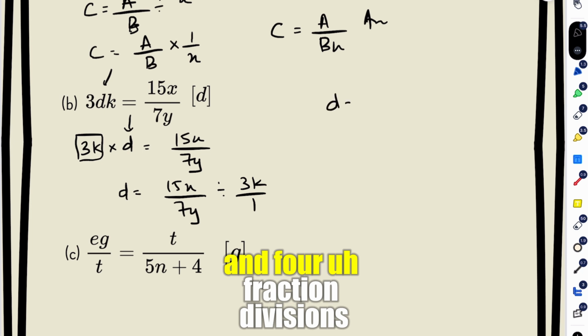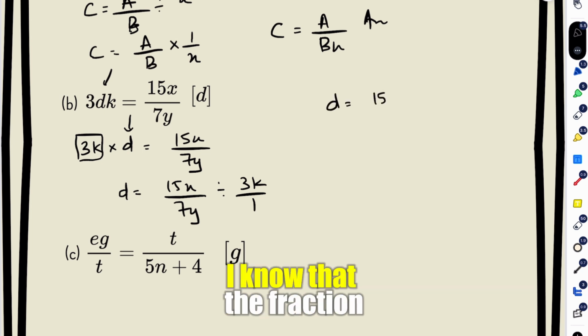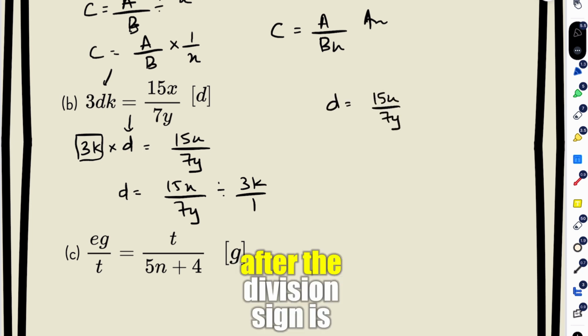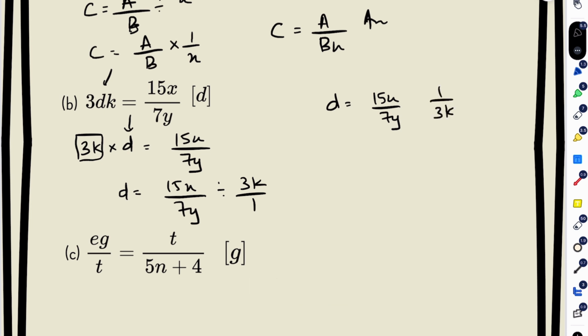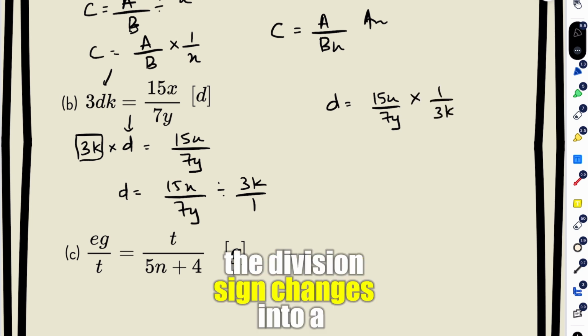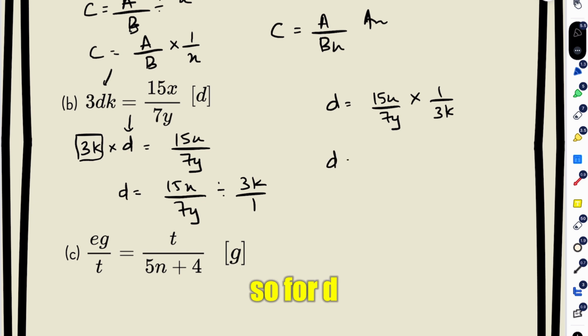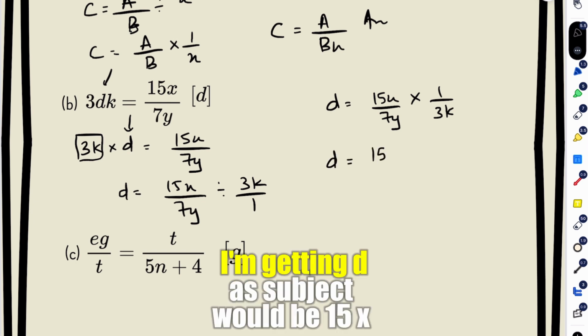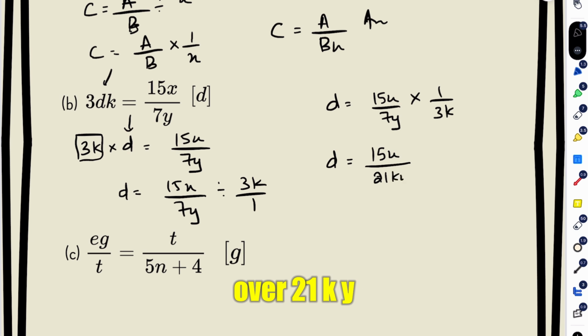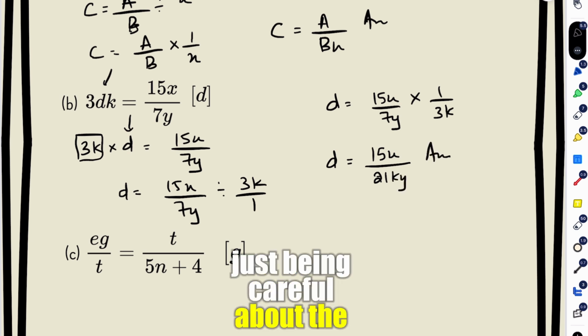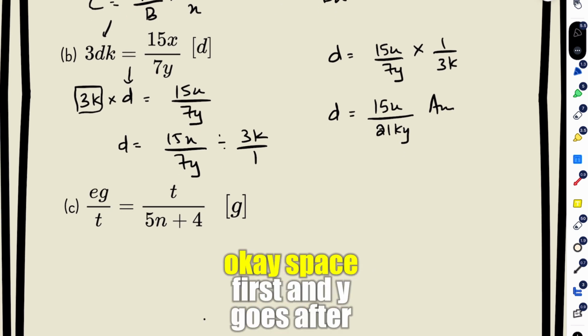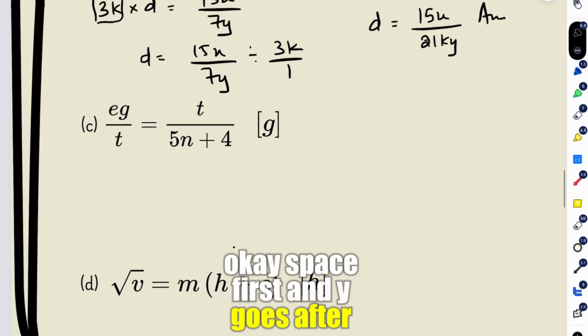And for fraction divisions, I know that the fraction after the division sign is a reciprocal, and then the division sign changes into a multiplication sign. So for D, I'm getting D as the subject would be 15X over 21KY. Just being careful about the alphabetical positions, so K stays first and Y goes afterward.